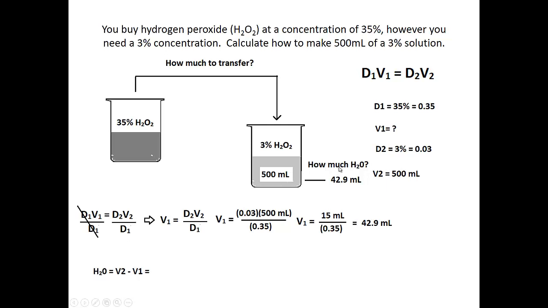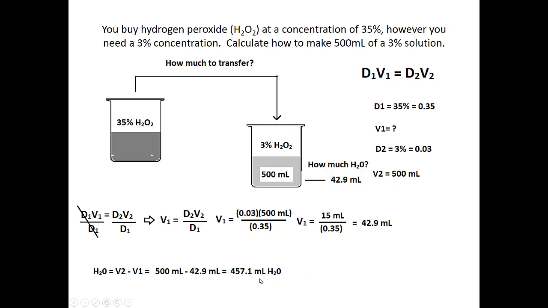And to do that, we just need to take the final volume and subtract that from the concentrated 35% that we transferred over. So the difference between how much we're going to end up with and the amount of the starting concentration we used is going to tell us how much water we need to get exactly 500 mLs. So we just take the final volume, V2, 500 mLs, and we subtract that from our V1, the volume transferred.